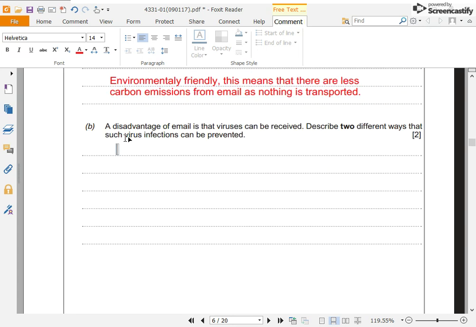Okay. So, a disadvantage of email is that viruses can be received. Describe two different ways that such virus infections can be prevented. So the obvious one, oh, sorry, I'll give you some time to do this.